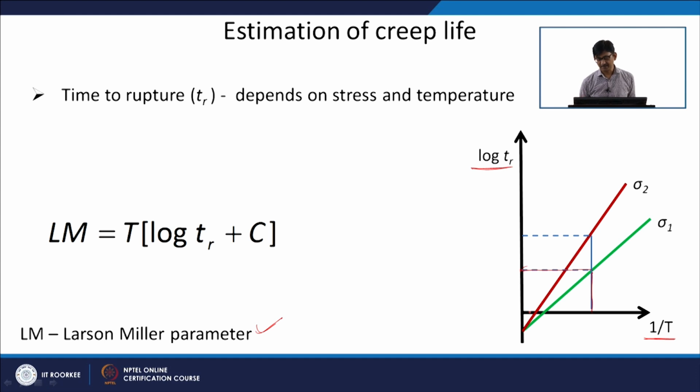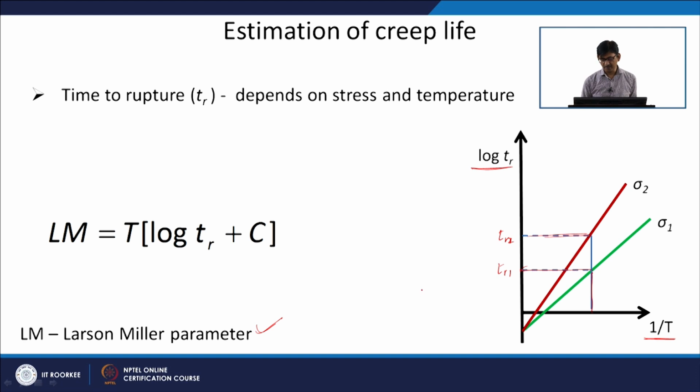So, that will be my creep life. For the same temperature, if I am using the same material at a stress which is sigma 2, then I will have the rupture life as this one. So, this is one life, this is another life, you can call it TR2, let us say, and TR1.